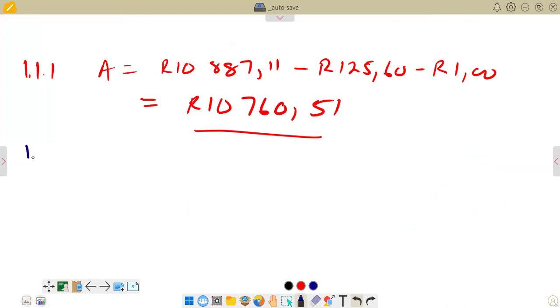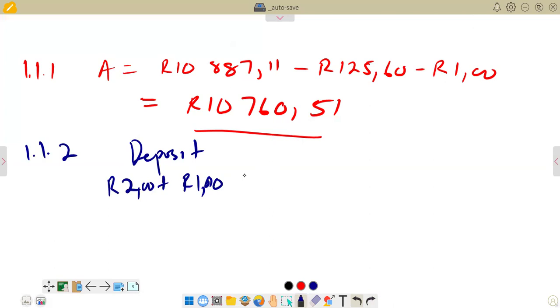We are now saying a calculation of the deposit, whereby we are saying our 2 rand, and then we add your 1 rand, whereby we are also going to make a calculation of the number of 100 rands in 1,000, whereby we are saying 1,000 rands we divide by 100 rands. And then that's when we are going to get a 10.